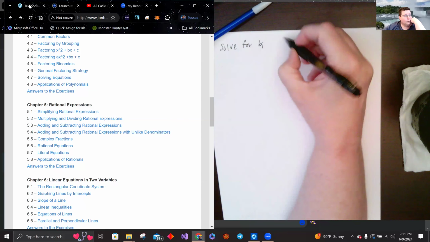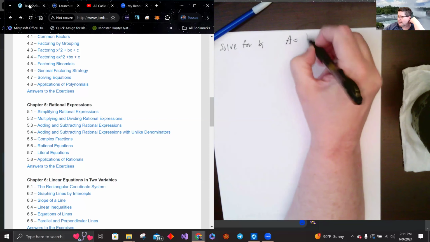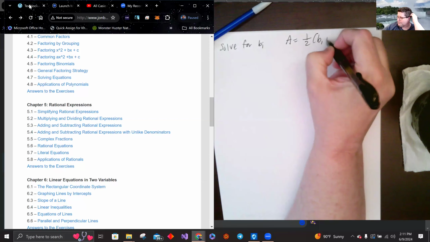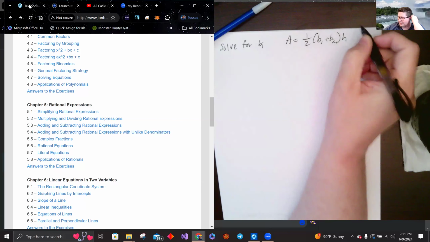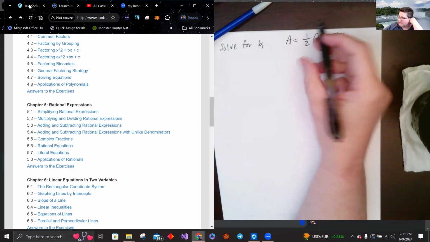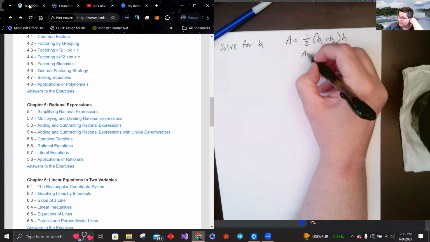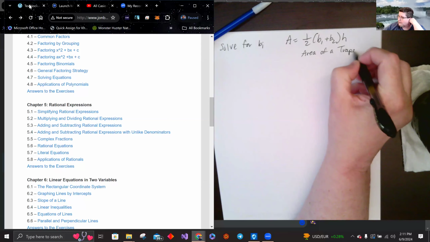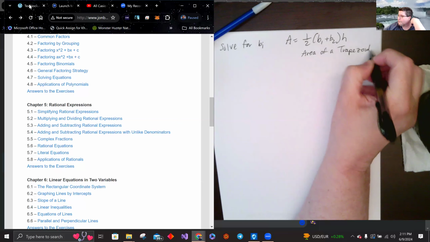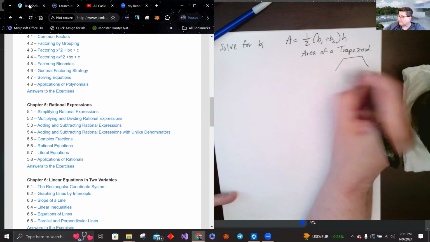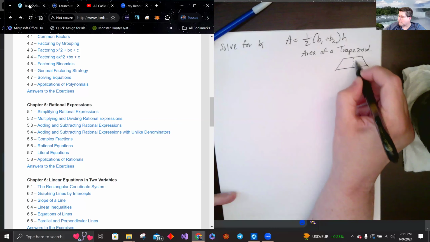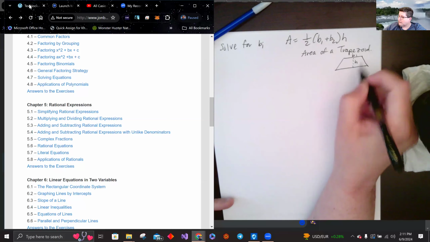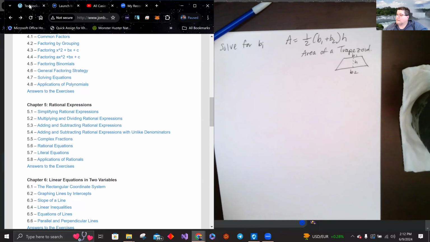The formula will be A equals 1/2 times B1 plus B2, times H. And this is the area of a trapezoid.